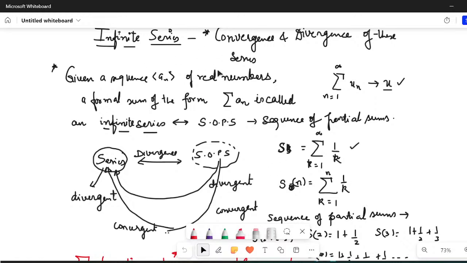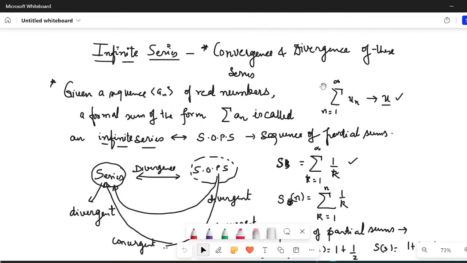Yesterday, a little bit of revision that I need to do before I start. As a physicist, we are concerned with the convergence and divergence of this particular series. Even in mathematics, most often the questions asked are regarding convergence and divergence. But what is the difference between a mathematical understanding and a physics person's understanding?